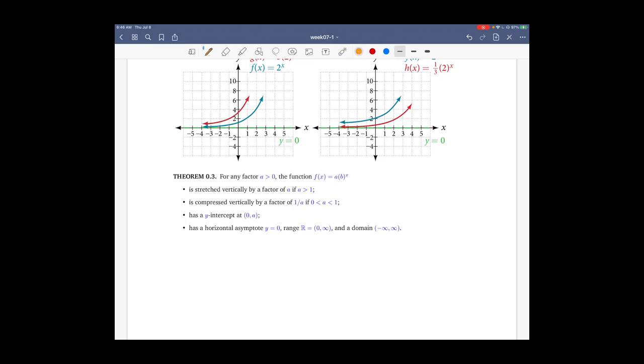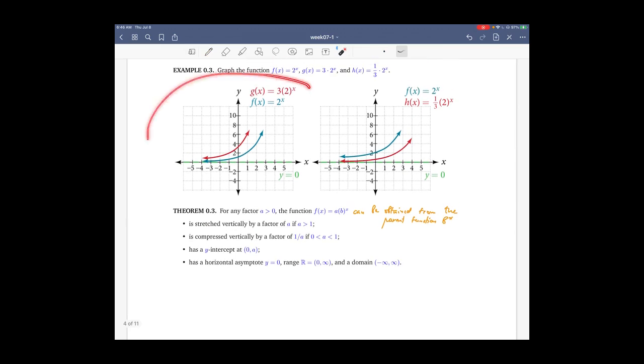It may be obtained from the parent function b to the power x by vertically stretching by a factor of a if a is greater than 1, like in this example, or by compressing by a factor 1 over a if a is between 0 and 1, like in this example.